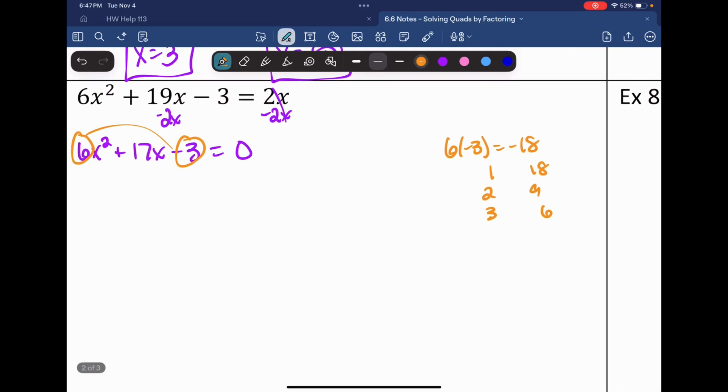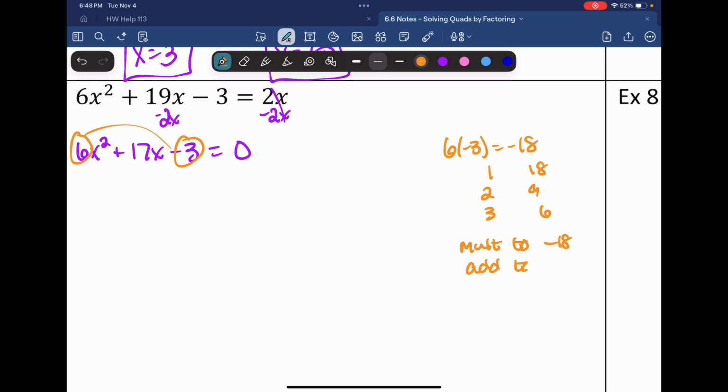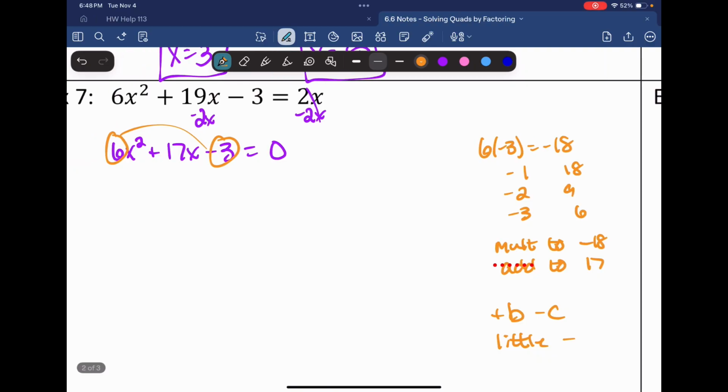So it has to multiply to negative 18 and add to positive 17. So remember, positive b, negative c is big factor negative. And the factor pair that adds to 17 is negative 1 and positive 18.